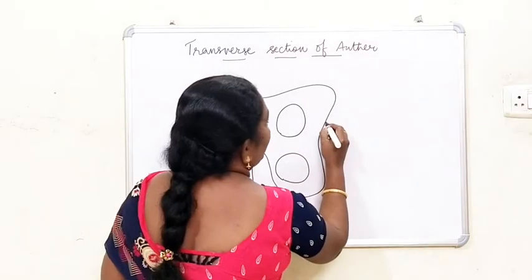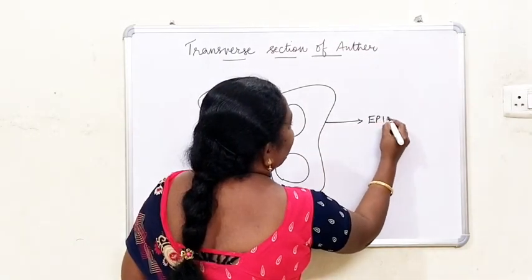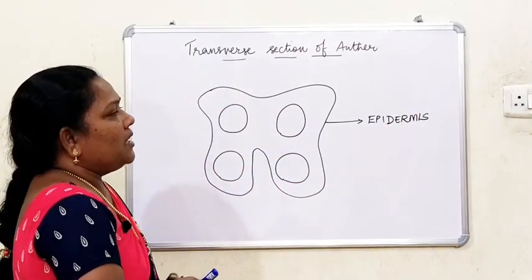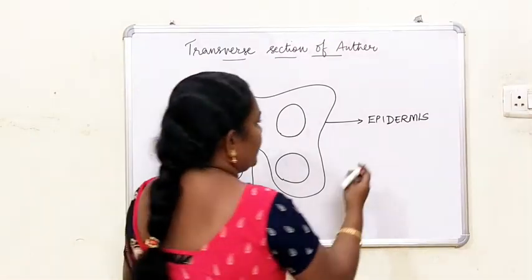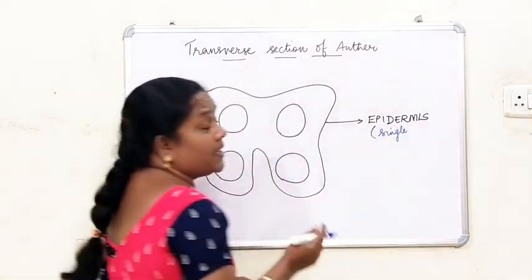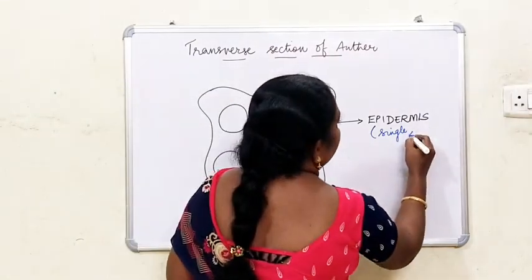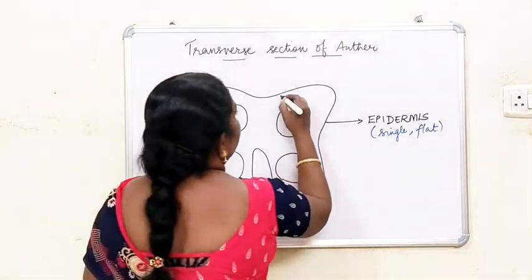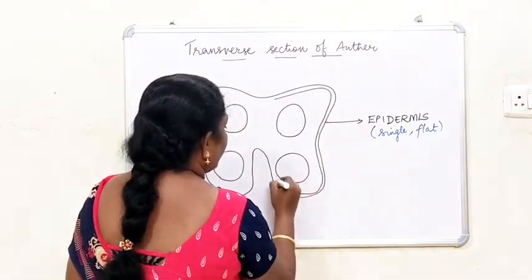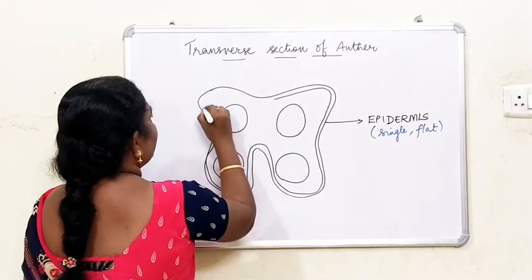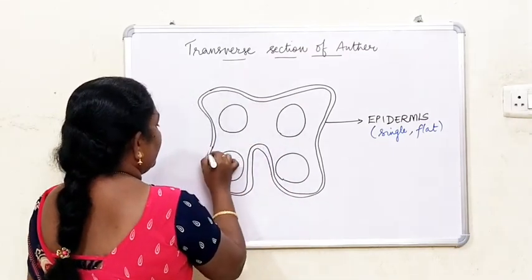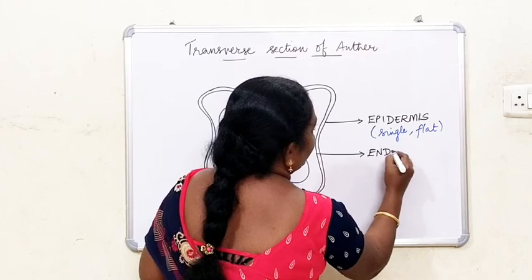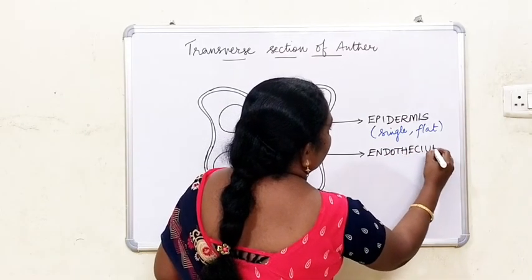The outermost layer is called the epidermis. This epidermis is always single. It is a single layer of cells where the cells are flat. The next layer, the inner second layer, is called the endothecium.